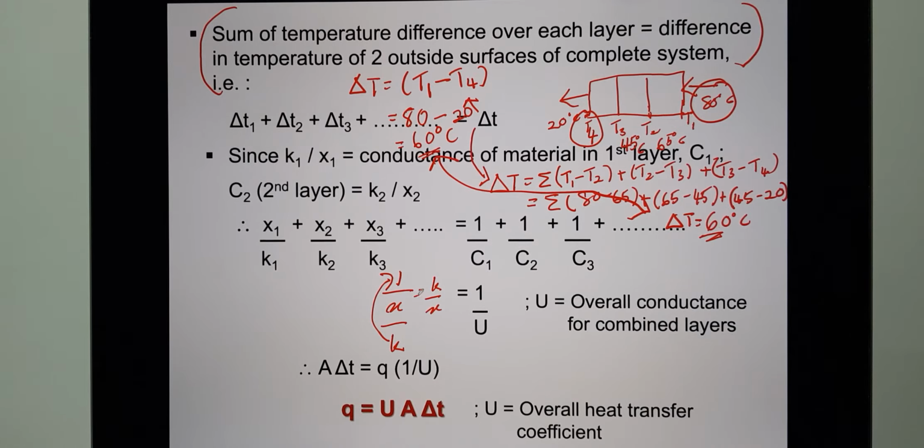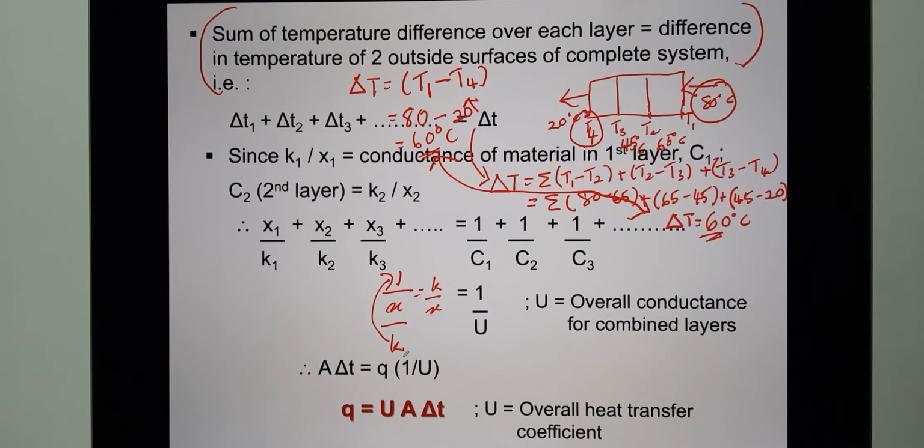You have learned this in additional mathematics or modern mathematics during your high school years. Alright, so the sum of 1 over C1, 1 over C2, 1 over C3 can be quantified as 1 over U, whereby U is the overall conductance for combined layers.